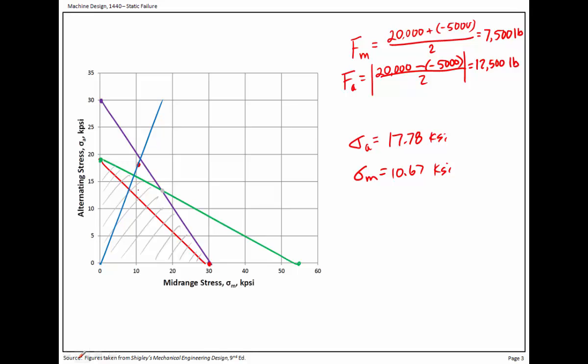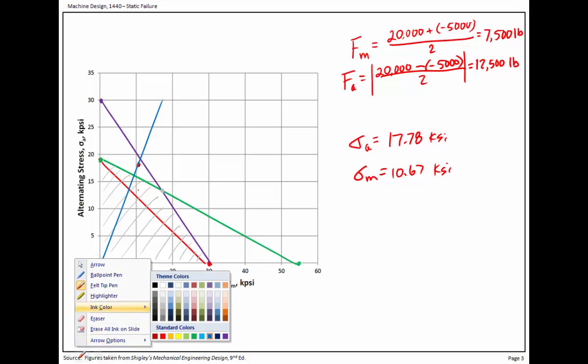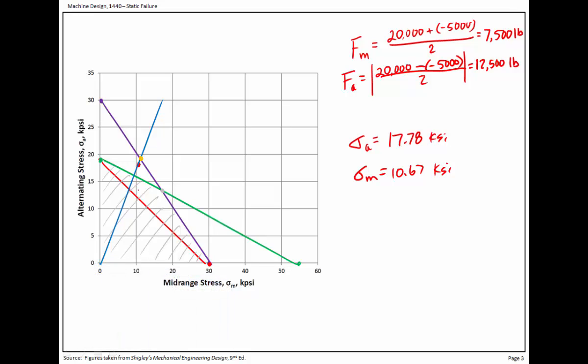Things to note are the intersections of the points right here. I'll try to use orange. I don't know if that'll show up. If you compare the line to where the stress point is, the ratio of the length to the line and the length from 0 to the stress point is actually the safety factor.